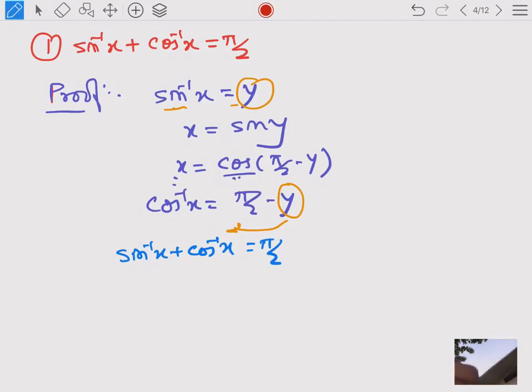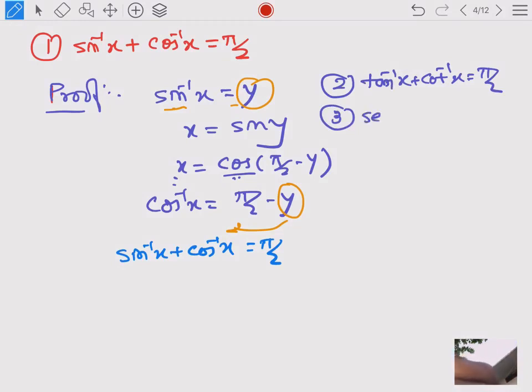Similarly, we can derive two more formulas, so definitely you have to derive them at home. The second is tan inverse of x plus cot inverse of x is equal to pi by 2. Please derive it at home, students. Maths is the name of practice.